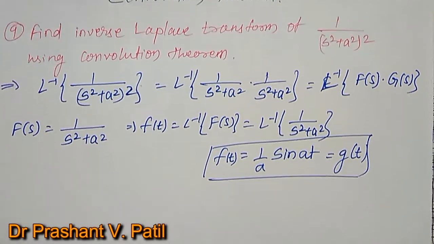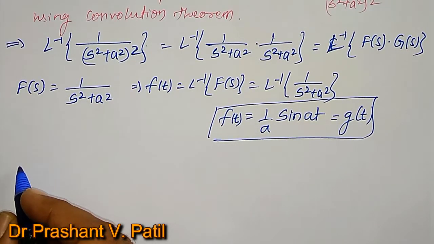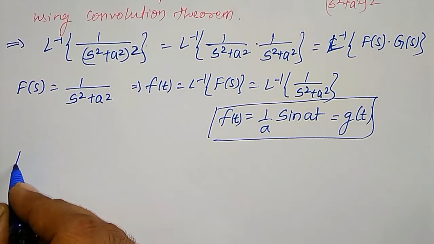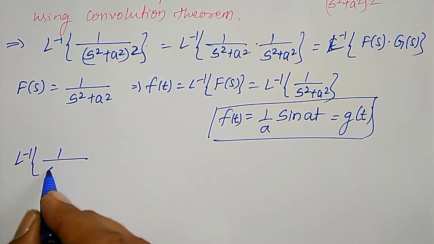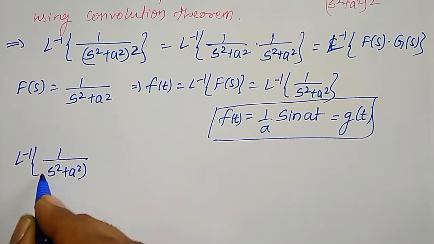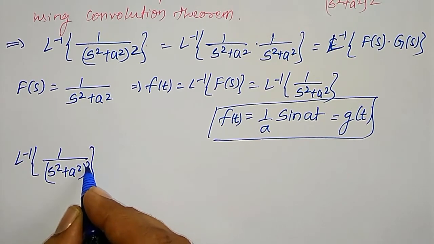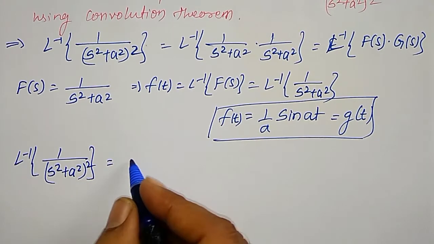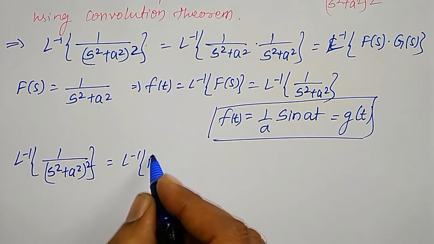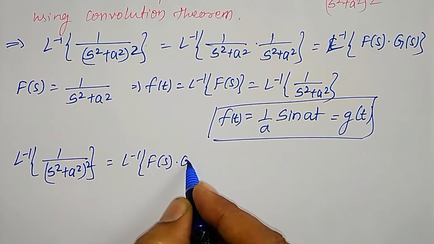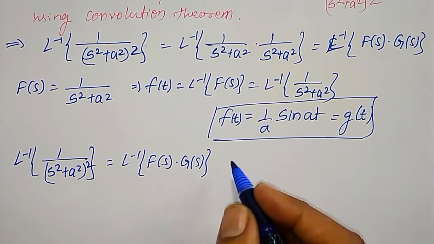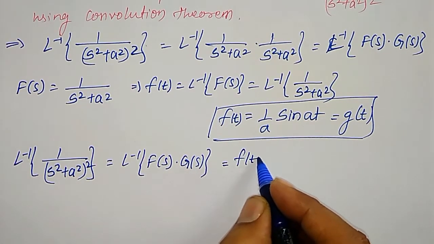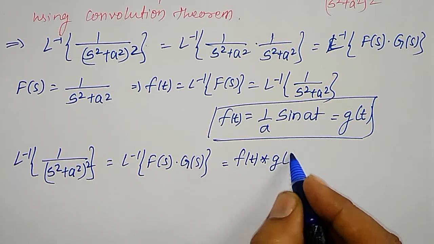Now, to find the inverse Laplace transform by using convolution, let me apply that. The inverse Laplace transform of 1 divided by (s square plus a square) the whole square is nothing but the inverse Laplace transform of F of s into G of s. We have written that, and the convolution of this is nothing but f of t convolution g of t.